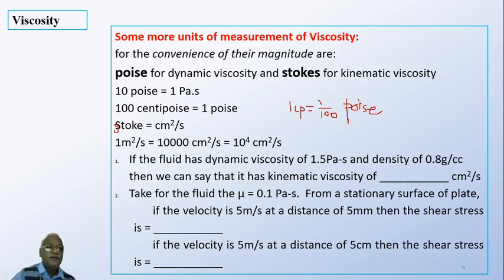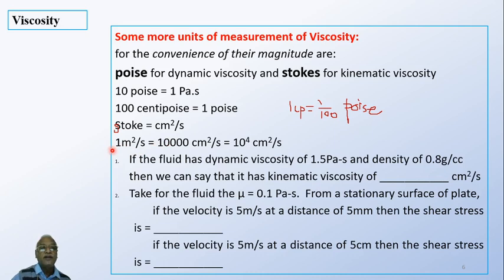Okay, here in the next line, what is shown is a Stoke. So Stoke is nothing but centimeter square per second. It means 1 centimeter square per second is named as Stoke. So if we have 1 meter square per second, then 1 meter is 100 centimeters.